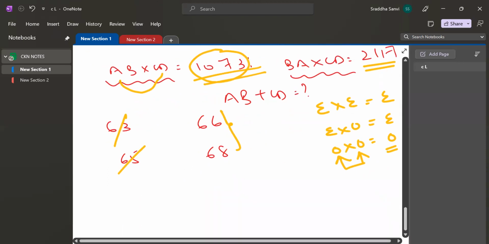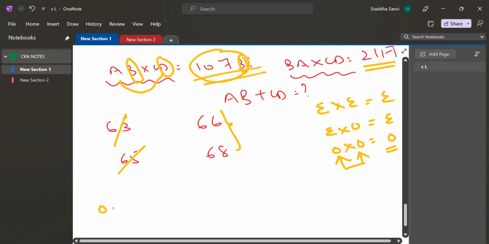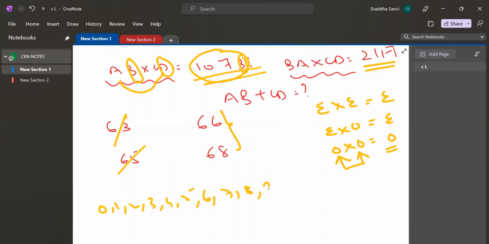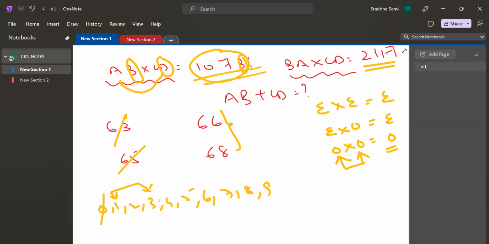Let's work on that. In AB, the number is ending with B. In CD, the number is ending with D. The product is ending with 3. In mathematics, the digits are always ending with 0, 1, 2, 3, 4, 5, 6, 7, 8, 9. There is a number ending with 0. The whole product ends with 0. 1 into 3, the product ends with 3.